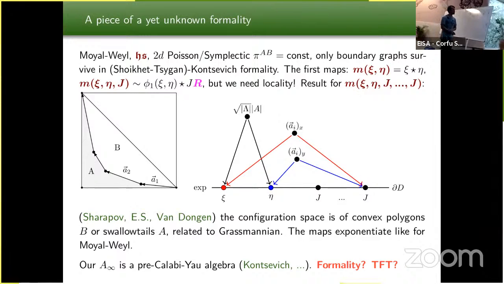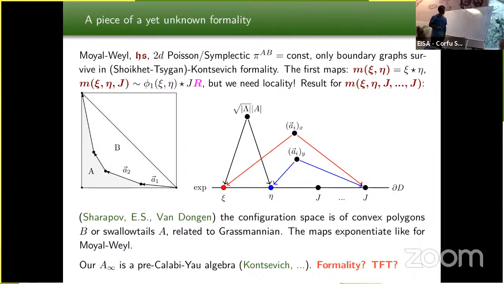Then you have to integrate over this configuration space. In fact, this algebra that we constructed is a pre-Calabi-Yau algebra, and quite strangely, Kontsevich and collaborators have been studying this in previous years. So it's quite a special type of A-infinity algebra.